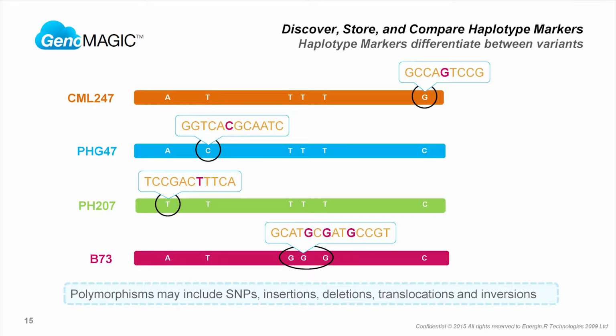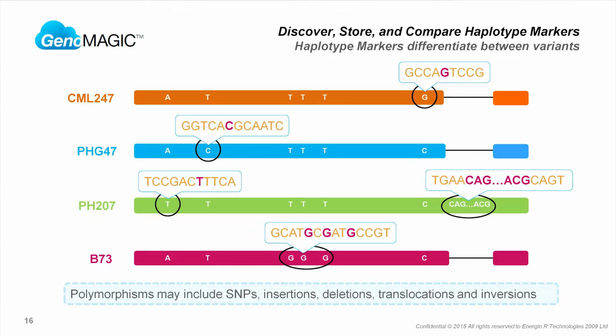We don't use the SNP anymore, we use the full sequence as a marker for that haplotype. And the minute you do this, it becomes a universal marker for that haplotype because it appears only in this haplotype. That was the definition of it.